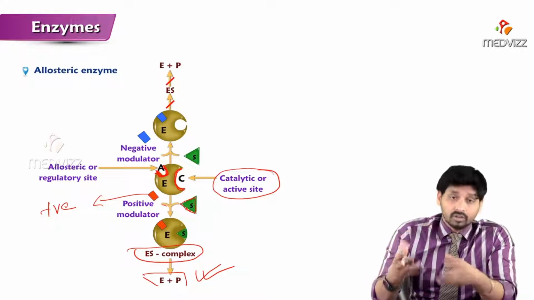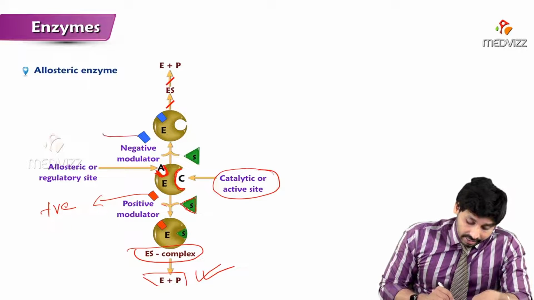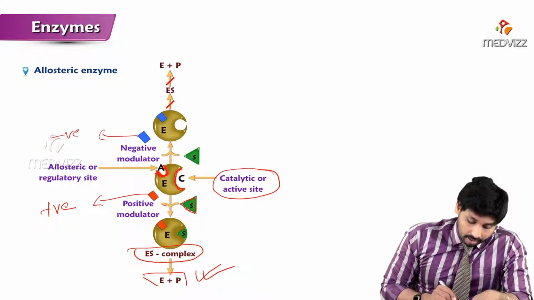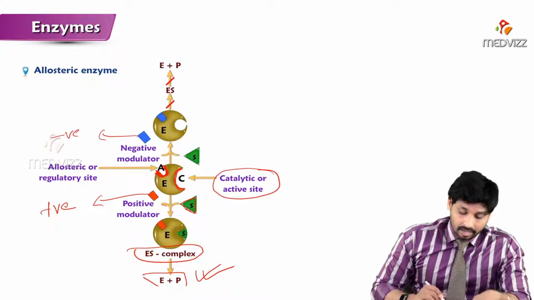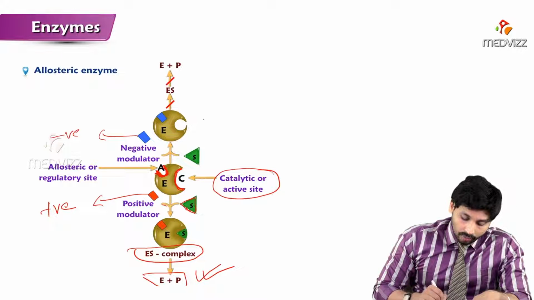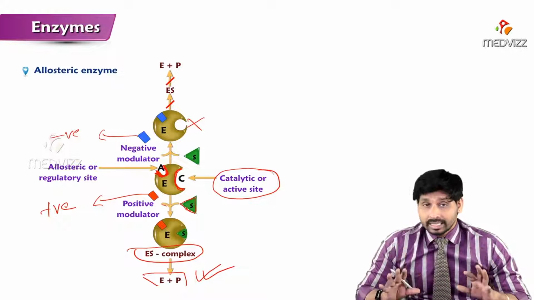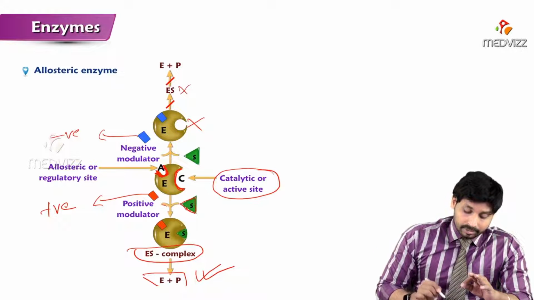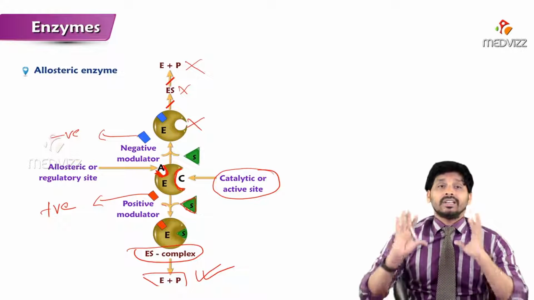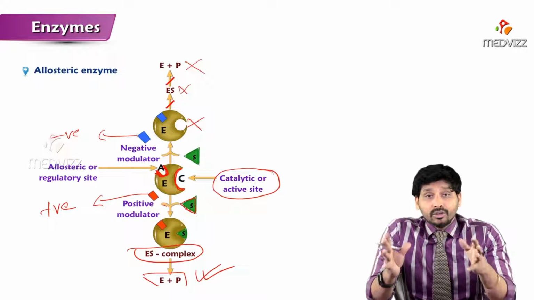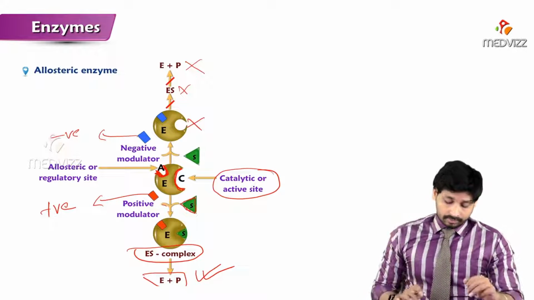But if the negative modulator, in blue color, binds to the allosteric site, it will not allow the substrate to bind to the catalytic site or active site of the enzyme. There is no enzyme substrate complex and no product formation. This way allosteric regulation works by making use of negative and positive modulators.